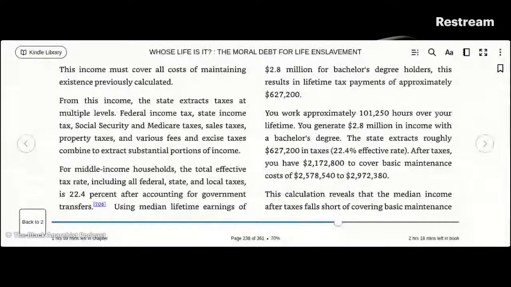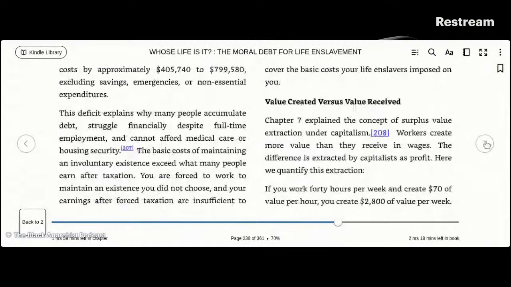This calculation reveals the median income after taxes falls short of covering basic maintenance costs by approximately 405,740 to 799,580, including savings, emergencies, or non-essential expenditures.